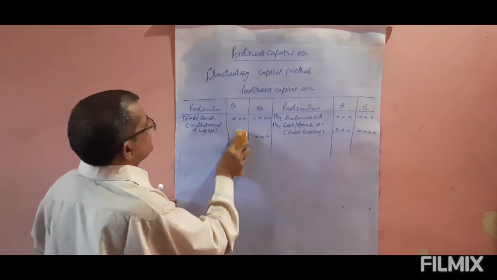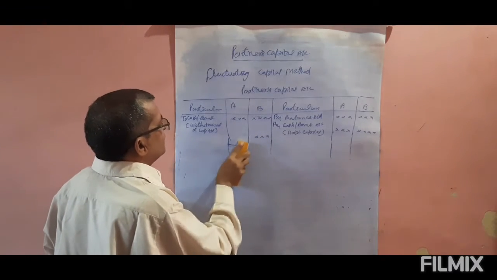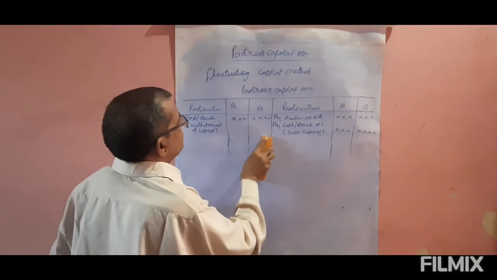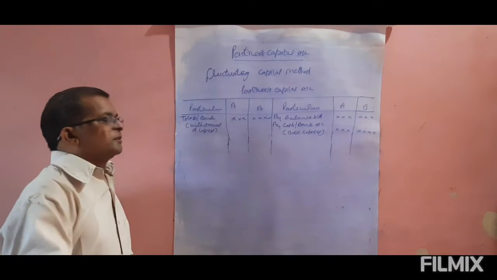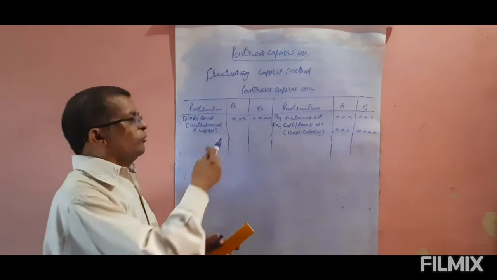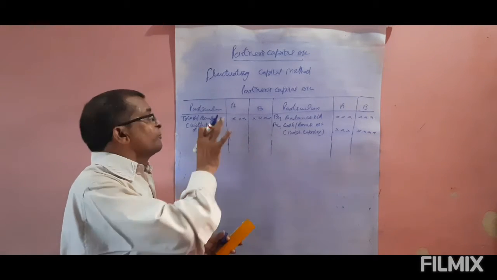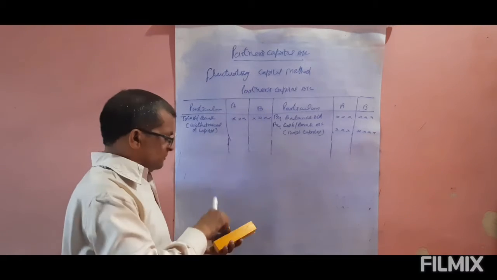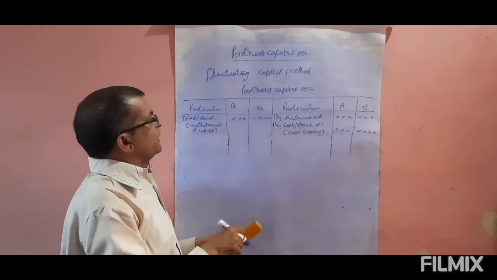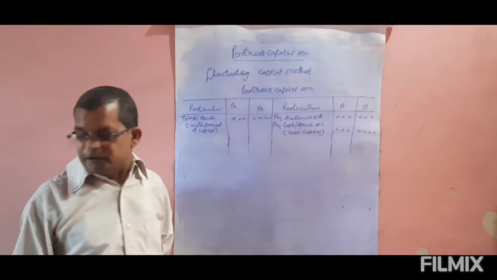Now only this account is prepared. Yes, I told you only a single account is prepared in this method, that is the partners capital account.